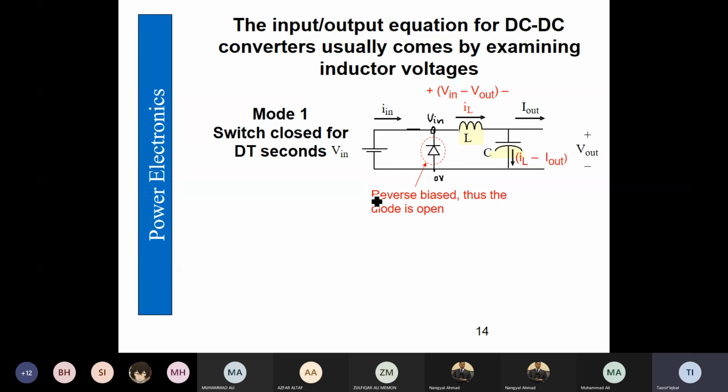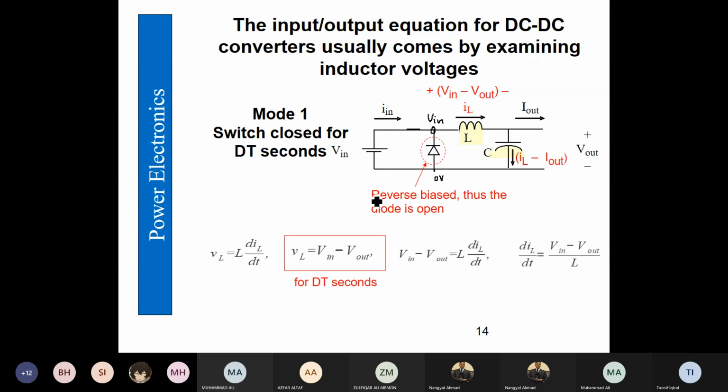So now we can find the voltage across the inductor, and therefore the slope of the current.